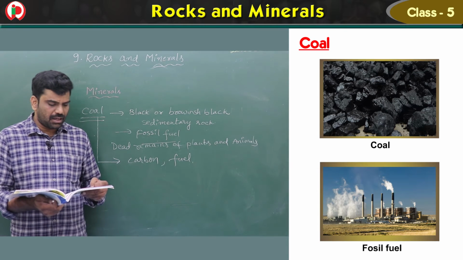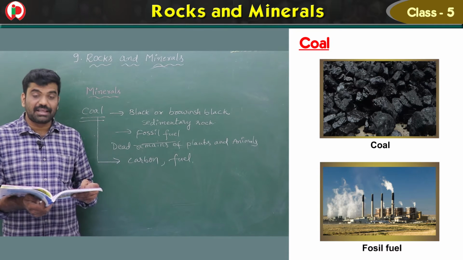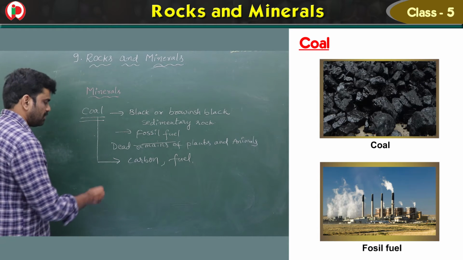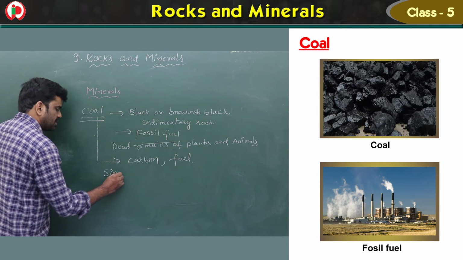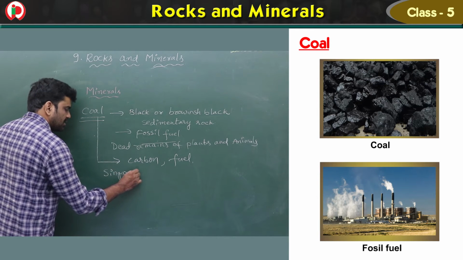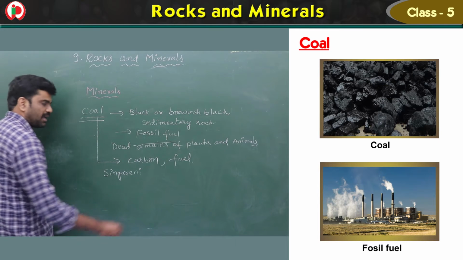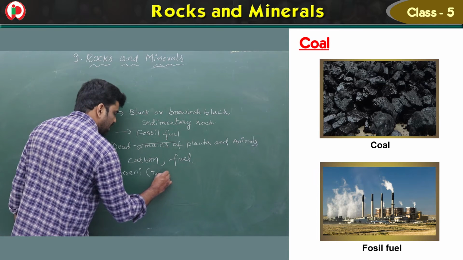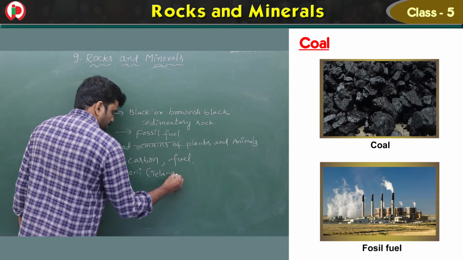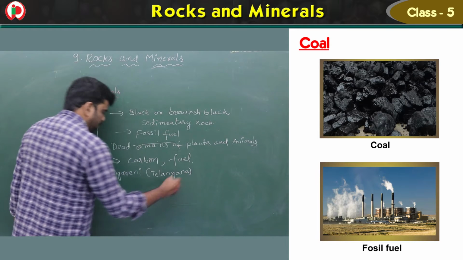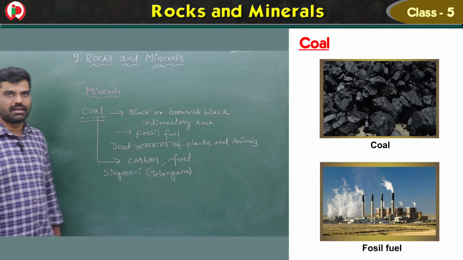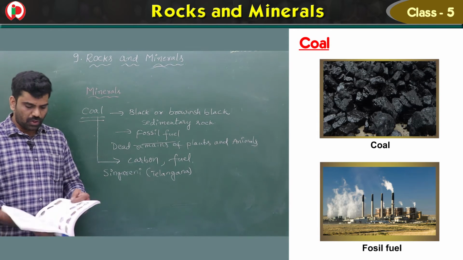In India, coal mines are found in Singareni. So you know Singareni. Yes, Singareni coal mines. In which state is it present? Telangana. In Telangana, Singareni collieries are there. Okay, they can extract the coal.